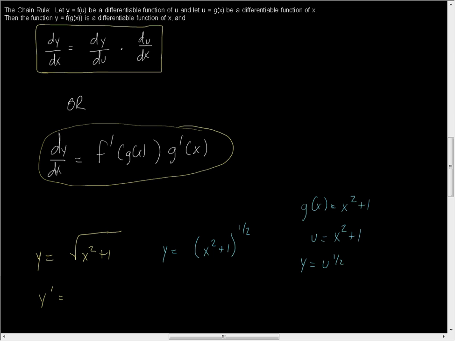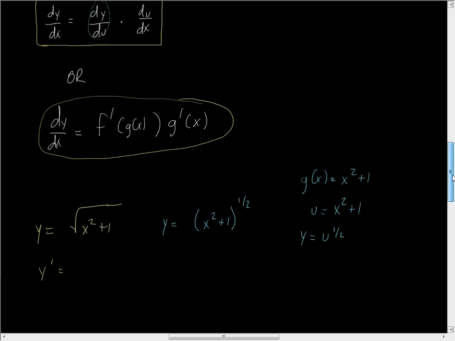According to the chain rule, I take the derivative of y with respect to u. The very first thing I have to do is take the derivative of y with respect to u. The derivative of y with respect to u is equal to 1/2 u to the negative 1/2 through the use of the power rule. Or that's 1 over 2 square root of u.